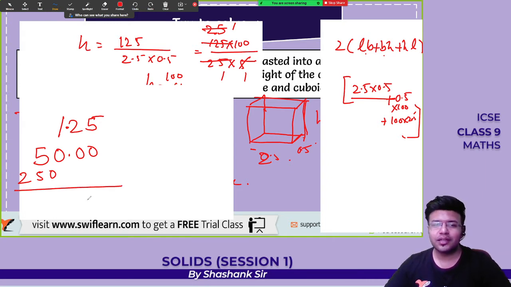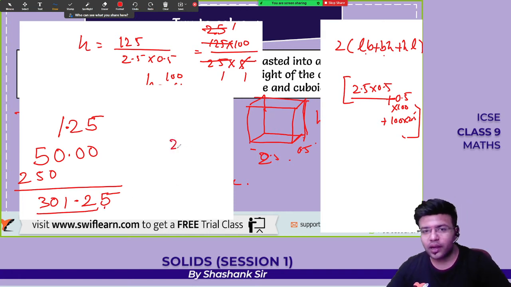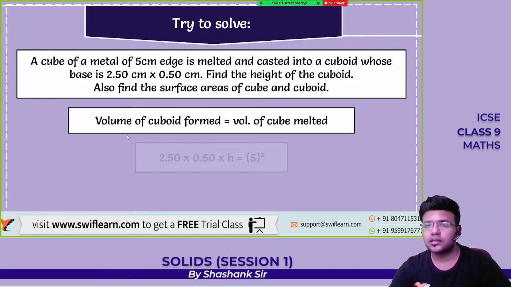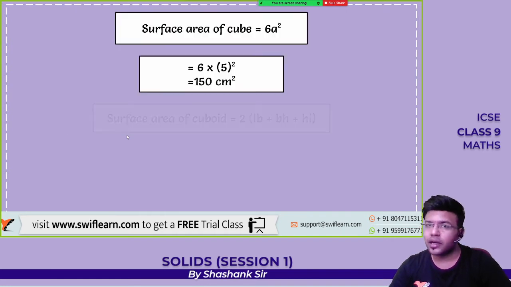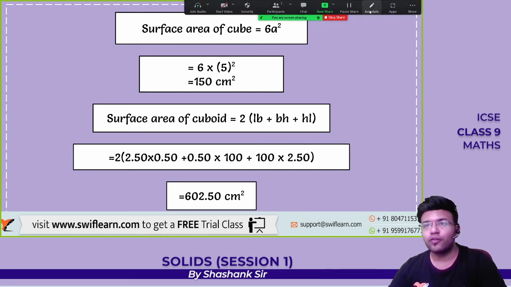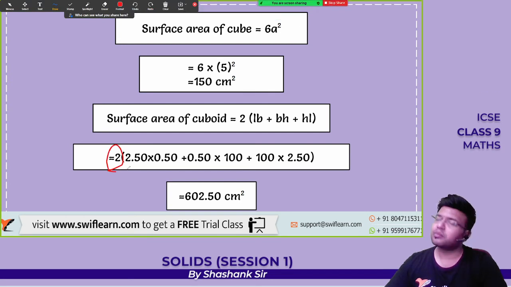You get 301.25. Now multiply that by 2. This part was left.